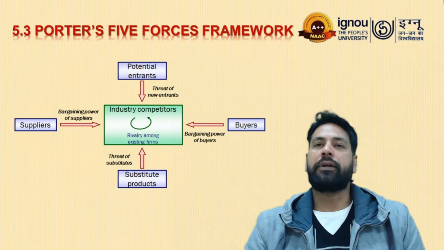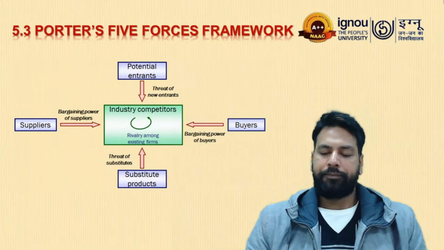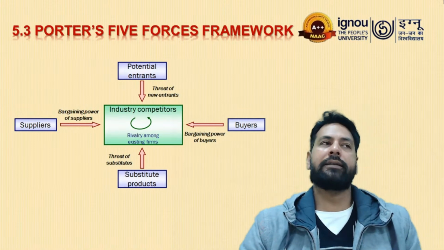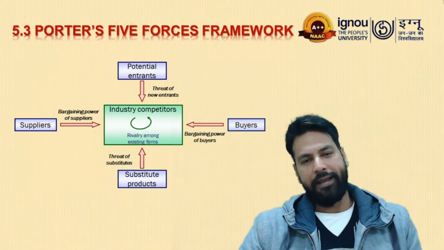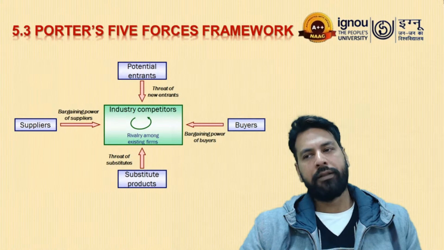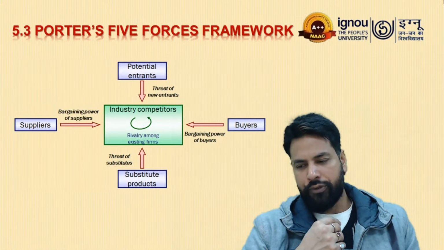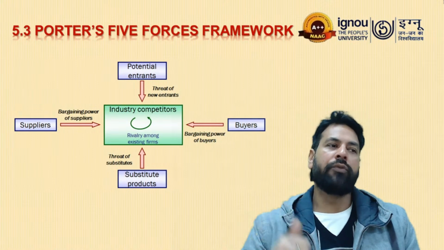Third is substitute products. Now, there has been an example where a product has faced certain demise, certain death, because a new substitute which is better than the existing product has come. I hope you remember when we used to watch movies on VCR and VCP.